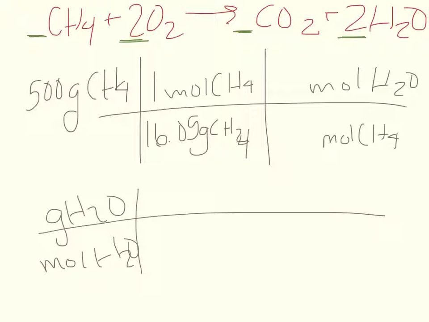My moles of CH4 is 1. My moles of water is 2. So I put 1 to 2. And then I use my molar mass again. I have 18.02 grams of water for every 1 mole of water.